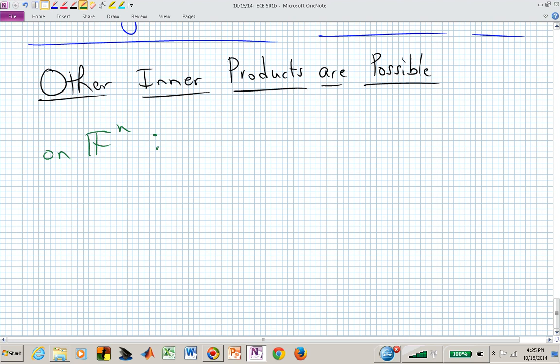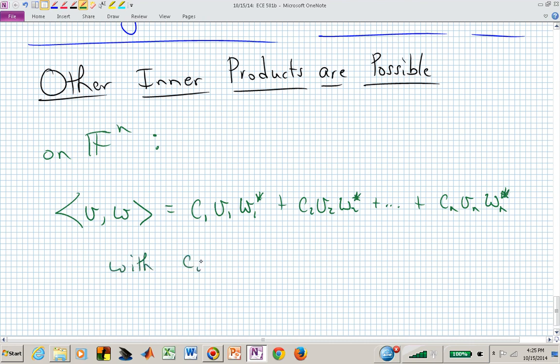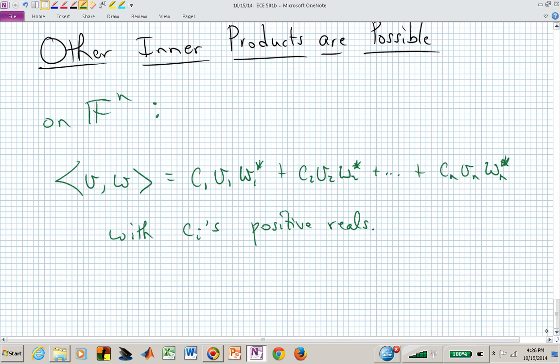Meaning, for the inner product of v and w, that could be c1 v1 w1 star plus c sub 2 v sub 2 w sub 2 star, etc., down to c sub n v sub n w sub n star, with the c sub i's coming from the set of positive real numbers.